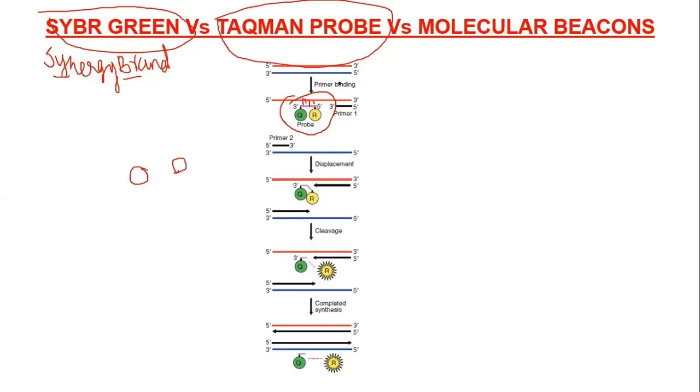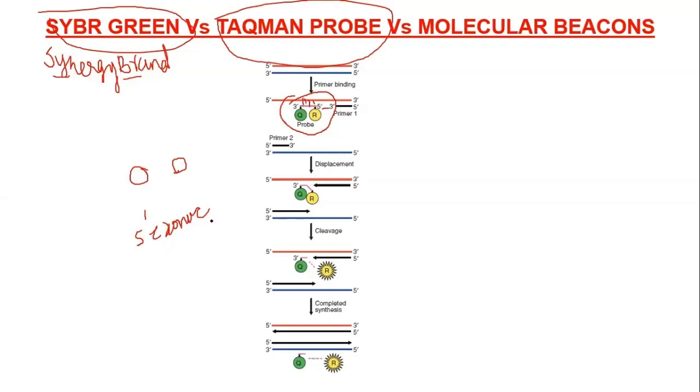Here we use Taq polymerase, which has 5' exonuclease activity. Now one of your primers binds here and as it gets extended, the 5' end of this probe gets digested by the exonuclease.